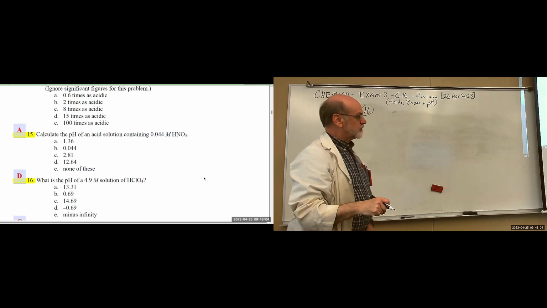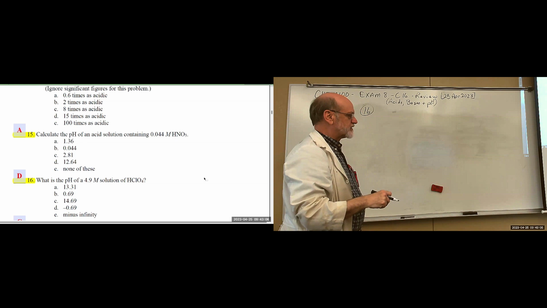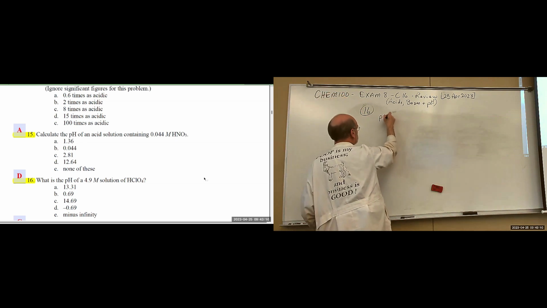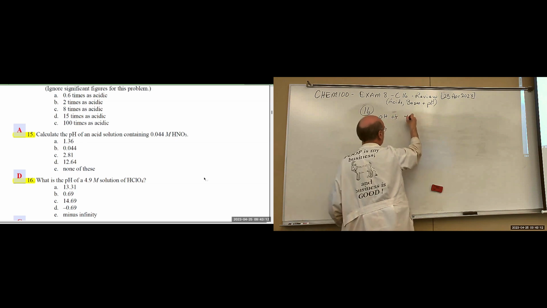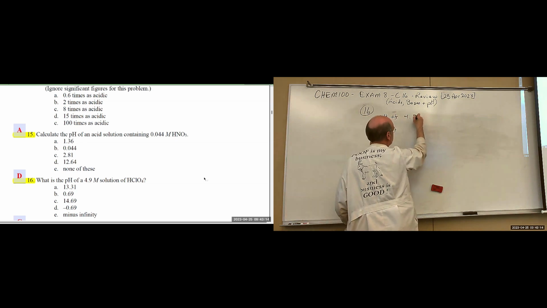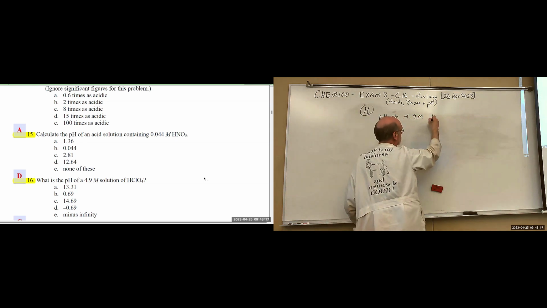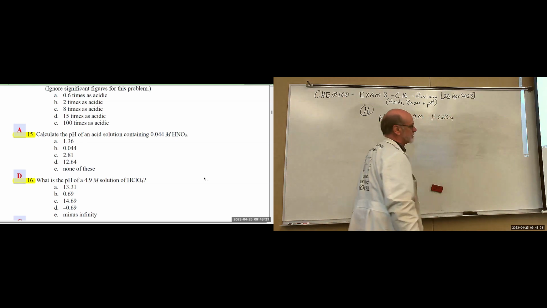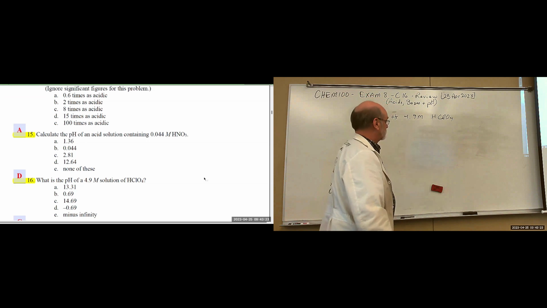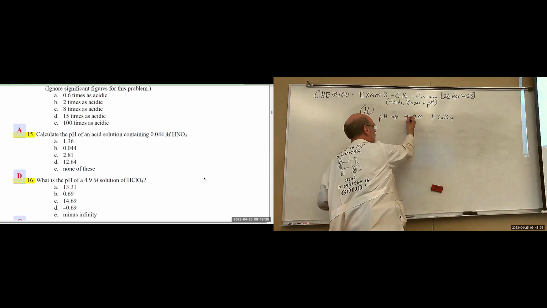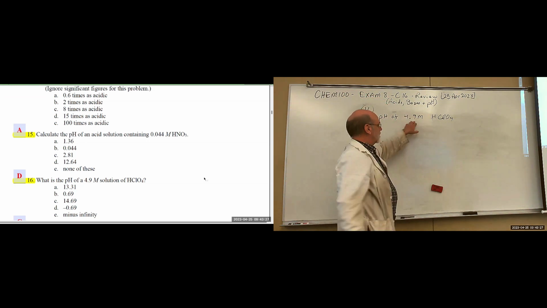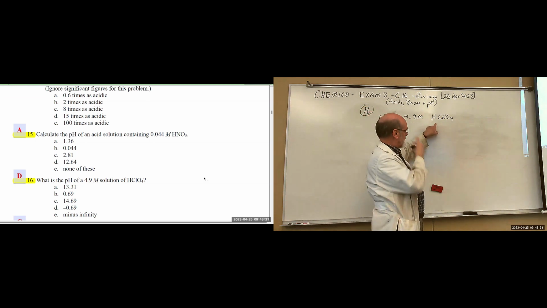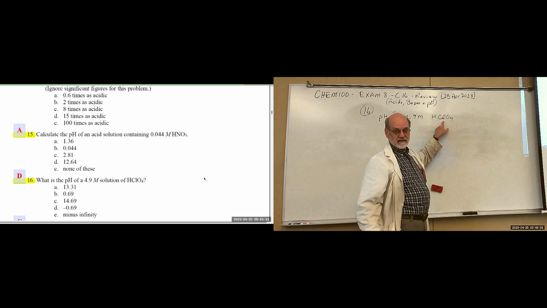What is the pH of a 4.9 molar solution of HClO4? pH, 4.9 molar HClO4. All right. What acid is this? That's the perchlorate ion.